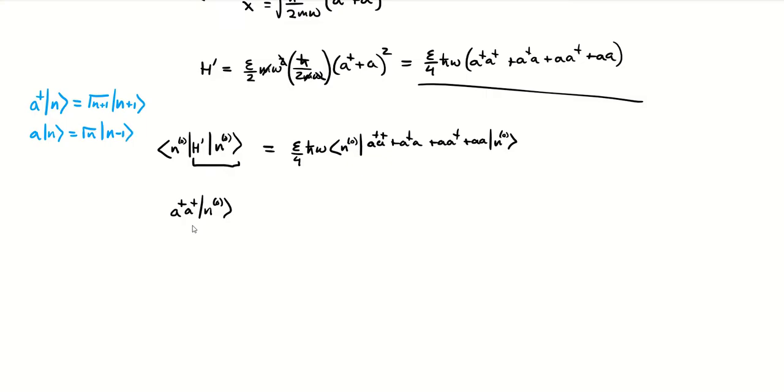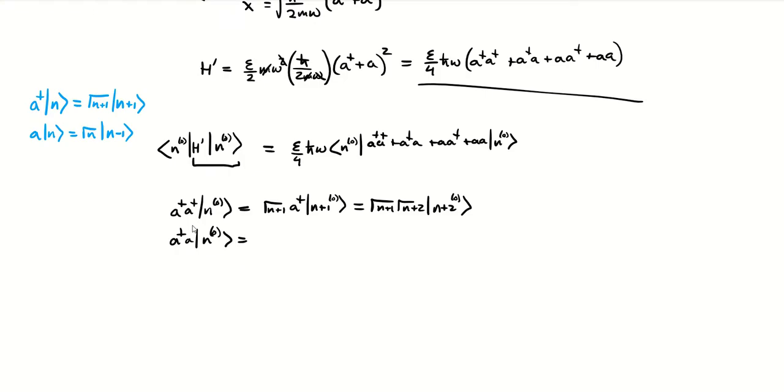So using those, a dagger a dagger on n equals root n plus 1 times a dagger acting on the n plus 1 state, which is root n plus 1 times root n plus 2 times the n plus 2 state.